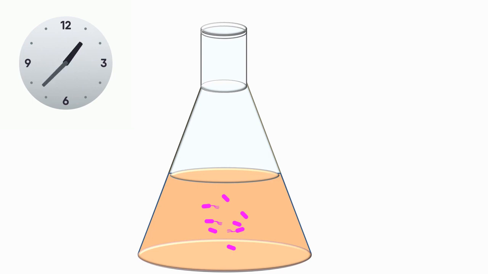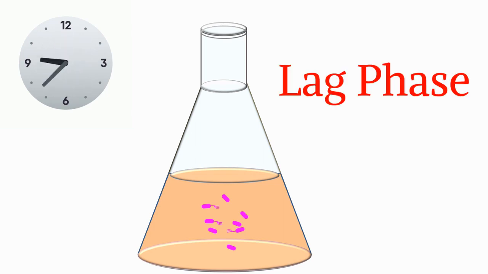The bacteria recover the damage, start synthesizing RNA, enzymes, and other molecules needed for their growth and increase in size. This is called the lag phase, where they shed their dormancy and become active. Now they are ready to multiply and enter the next phase of growth.